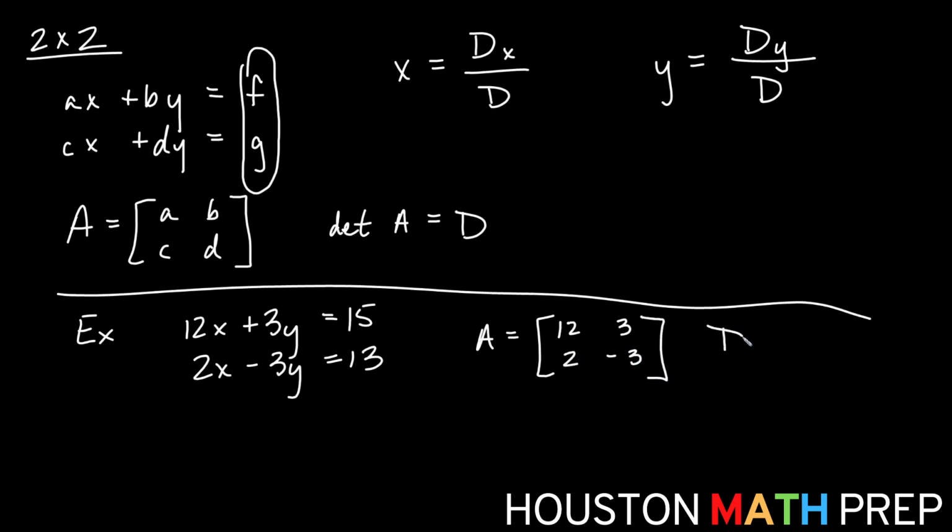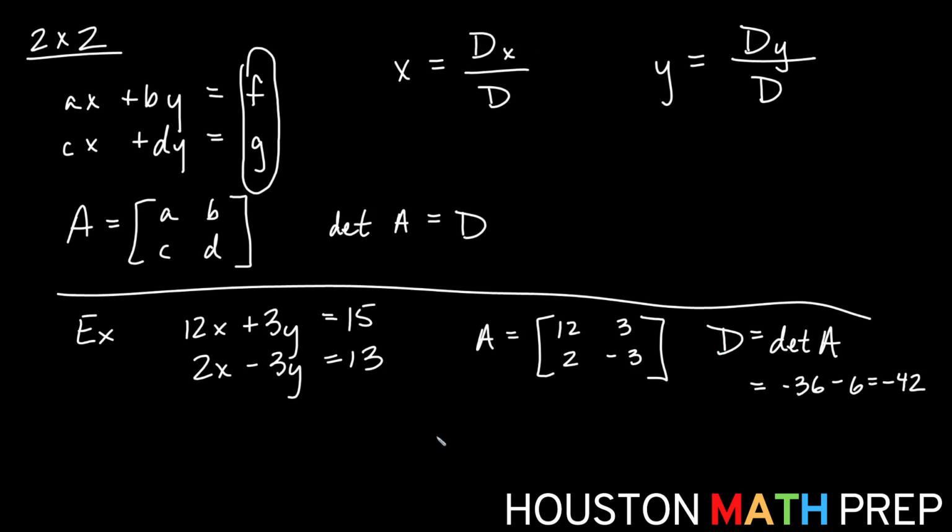So D is going to be our determinant of A, and we know what that is. That's 12 times negative 3, so negative 36, minus 3 times 2, the other diagonal, which is 6. So we get negative 42 for that determinant. Capital D is negative 42.